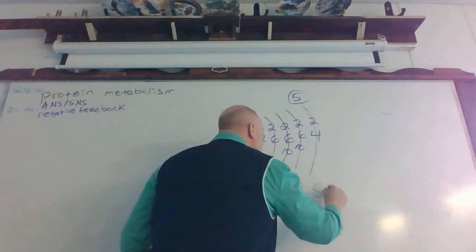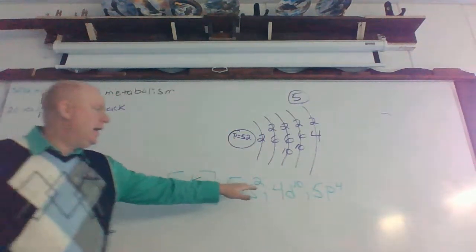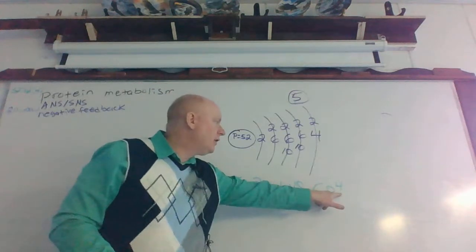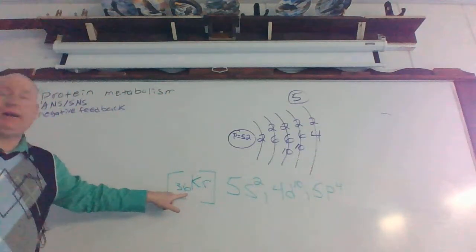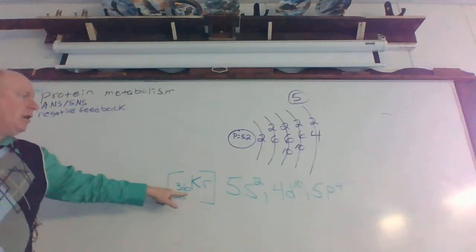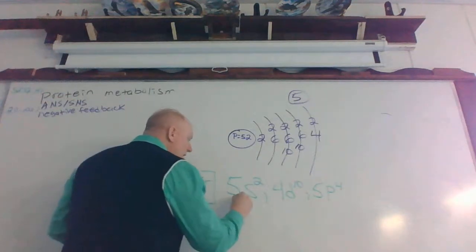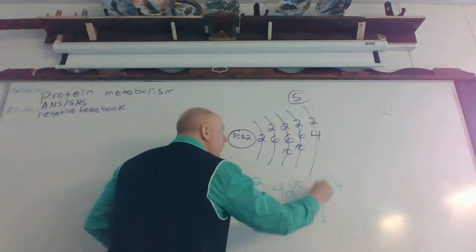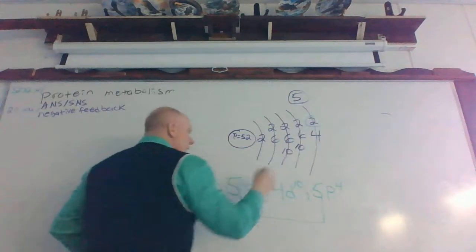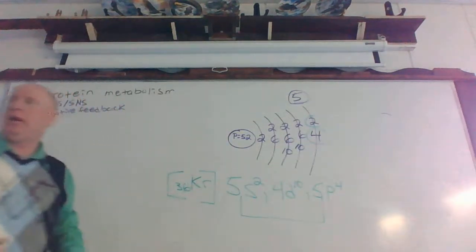Okay, now, what happens when you add these three numbers to 36? We get 52. Okay? So when we're looking at our outer energy level, there's 5s2, there's 5p4. That's where those numbers are coming from.